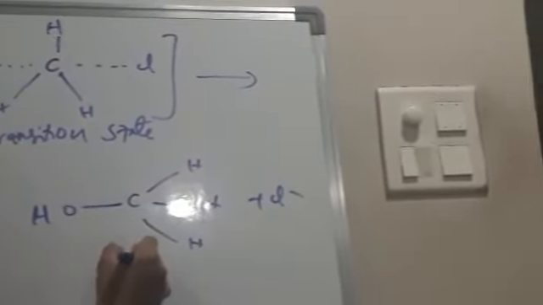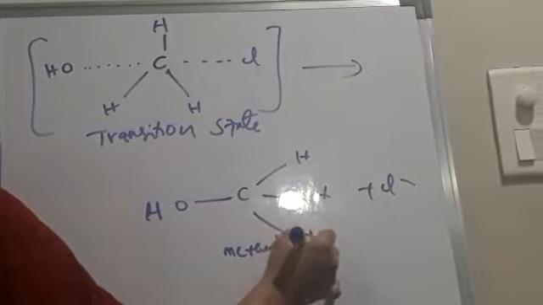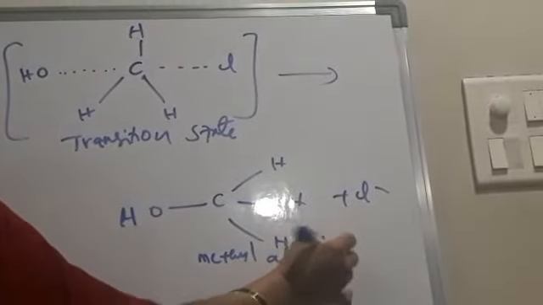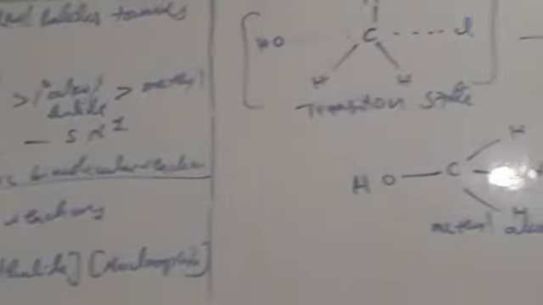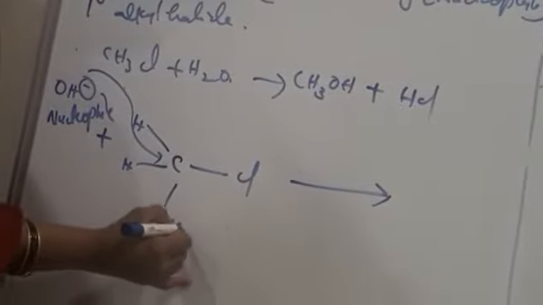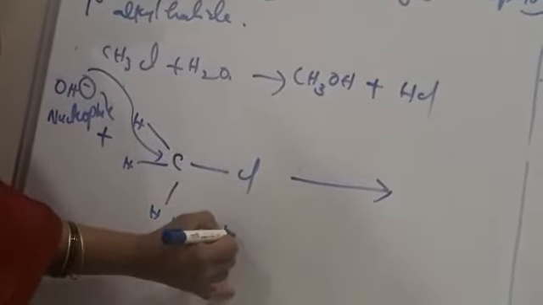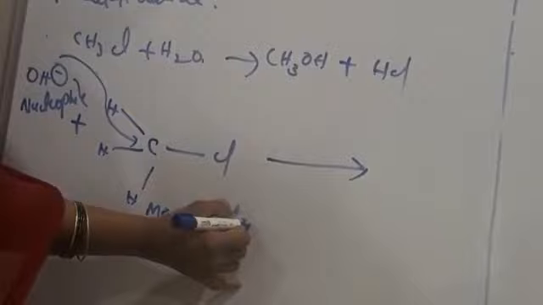Methyl alcohol. So this is the reaction which takes place in SN2 reaction. First, the nucleophile attacks the alkyl halide. Here the alkyl halide is methyl chloride.